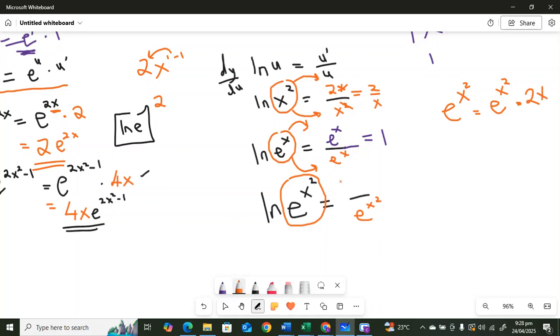So here we write 2x e to the power x squared. So the one on top, because it was, we had a 1.